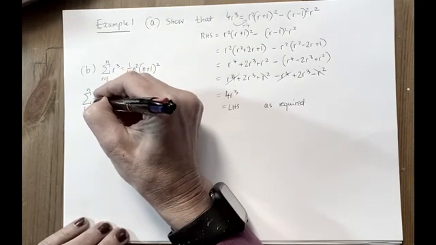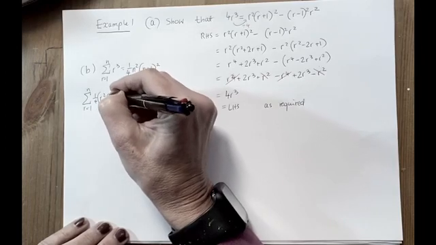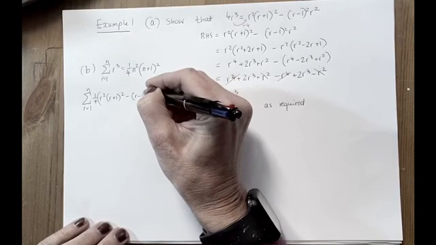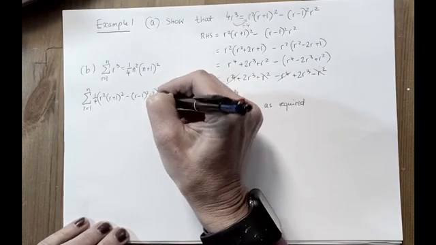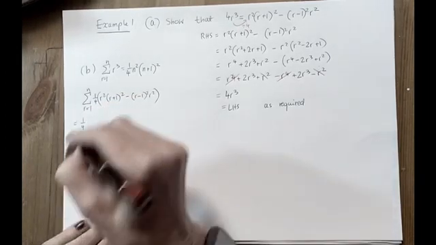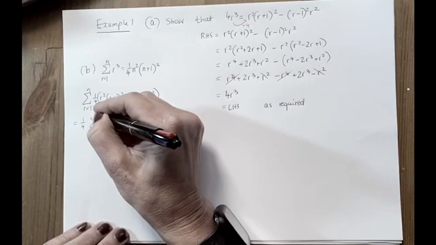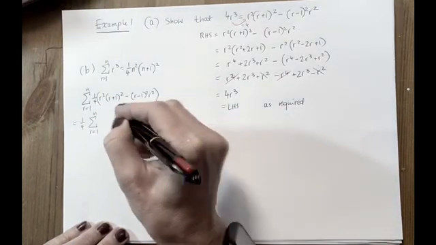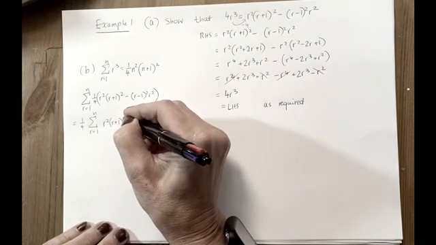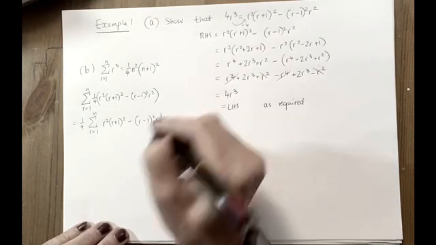So it's the same as a quarter, r squared times (r plus 1) squared, minus (r minus 1) squared times r squared. I'll bring the quarter outside, and let's rewrite it so you can see what it looks like.